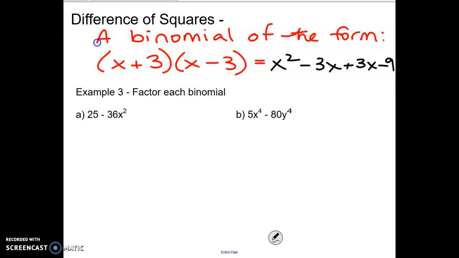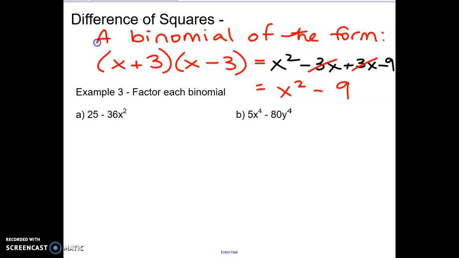So when I combine like terms, what happens with my negative 3x and my positive 3x? They add together, but what happens when I add a negative and a positive of the same number? They cancel each other out, right? So this just becomes x squared minus 9, because those middle two numbers are the same but different signs, so they just get to be 0. They cancel each other out.